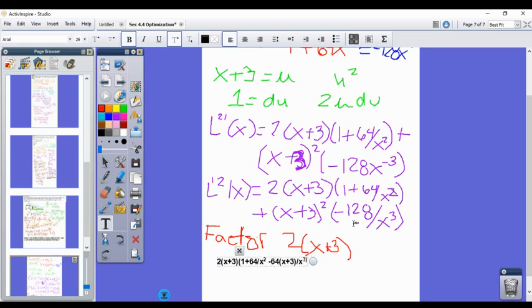I'm getting 64 because I'm doing 128 divided by 2, since I factored out a 2.